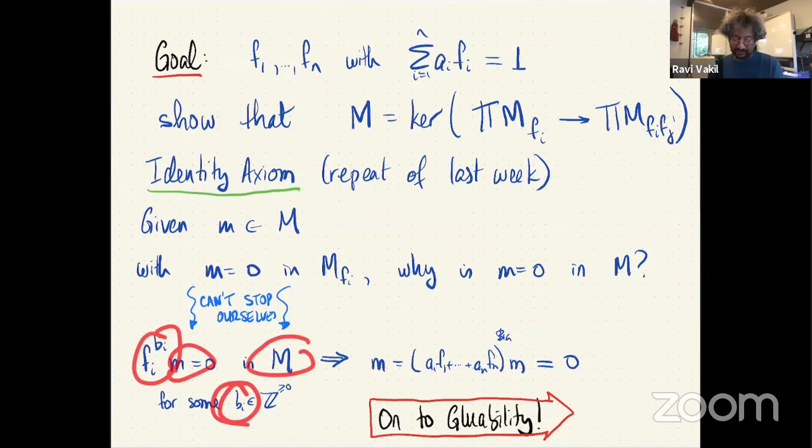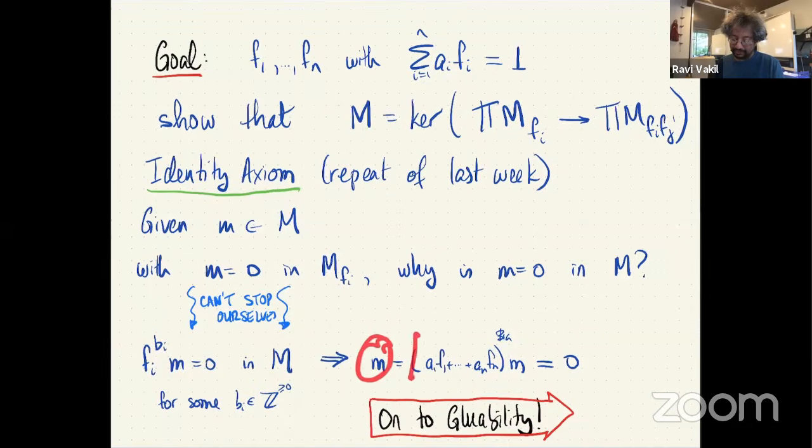But that means that m, which is 1 times m, or 1 to any power times m, you could take this description of 1, take it to a huge power, and in every monomial one of the fi to the bi's is going to appear. And that means that when you expand it all out, you get that it equals 0. So m is equal to 0. So that's what we did last time.